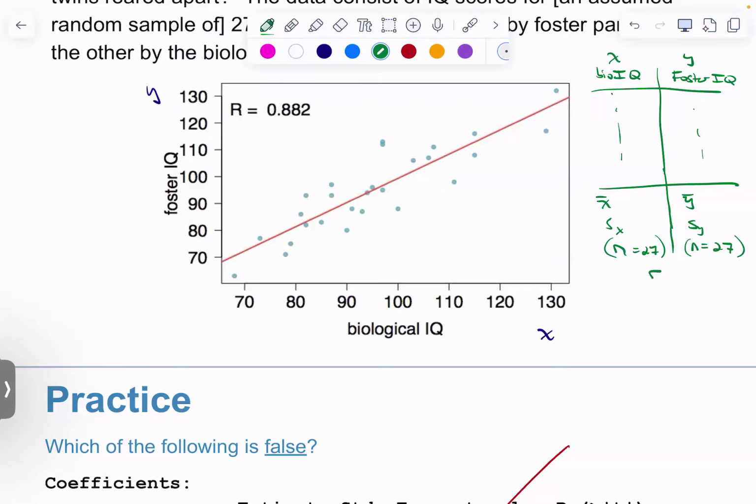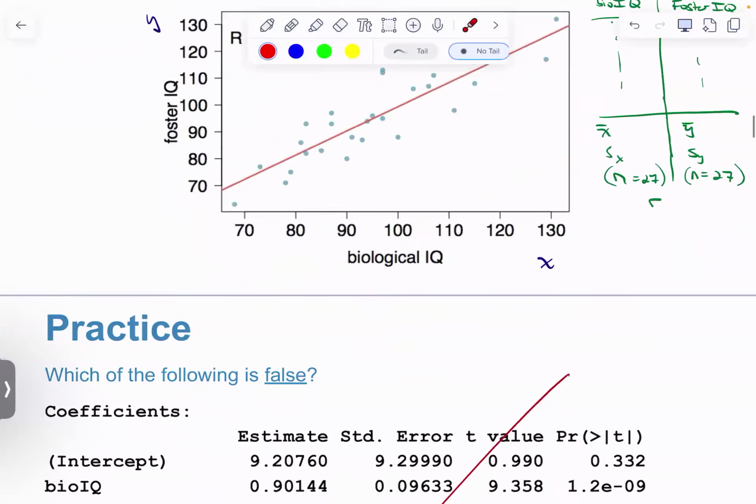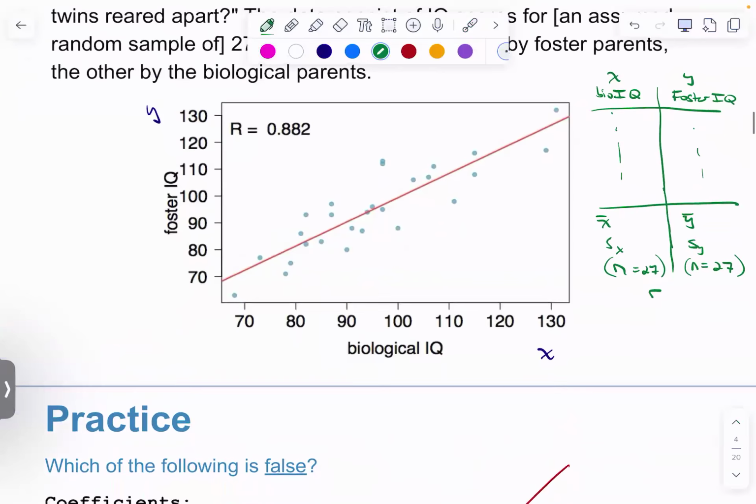But if you're working in Excel, most likely you'll just use the Excel function, which produces the regression output. And so what that looks like, oh, look, the correlation is on here, 0.882. I don't have anything else though. That's okay.